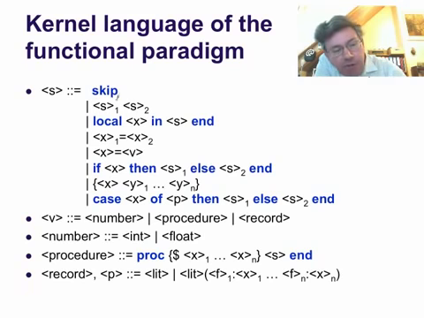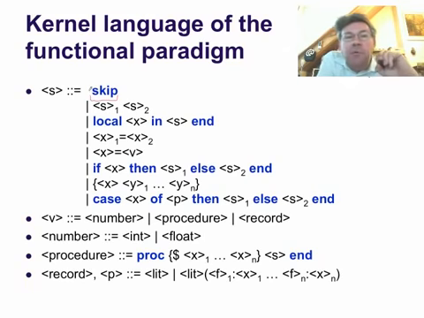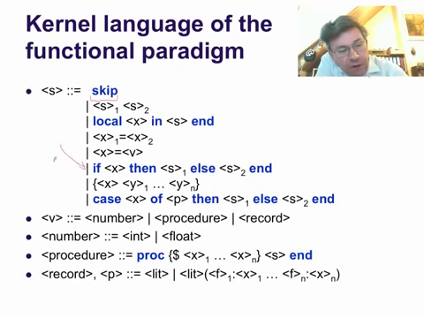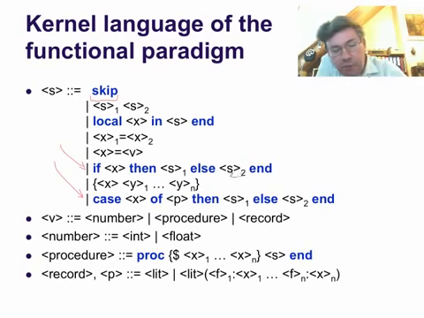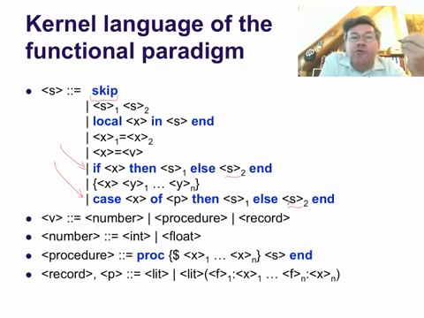For example, let me just attract your attention to the skip instruction, which does nothing. Why is this instruction important? Well, because it allows other instructions to be simplified. For example, in the if we don't want to use an else, we can put a skip. Or in the case also, we can use a skip. So every instruction here has a reason for being there that's important.